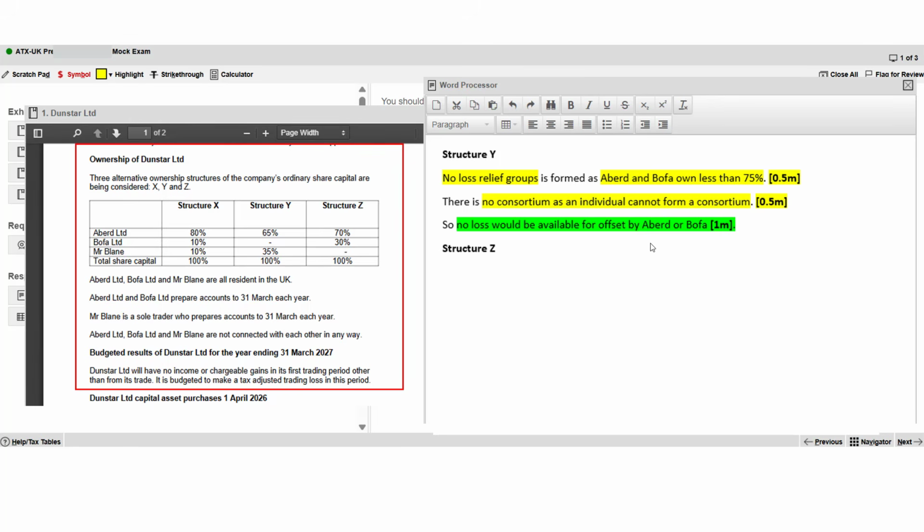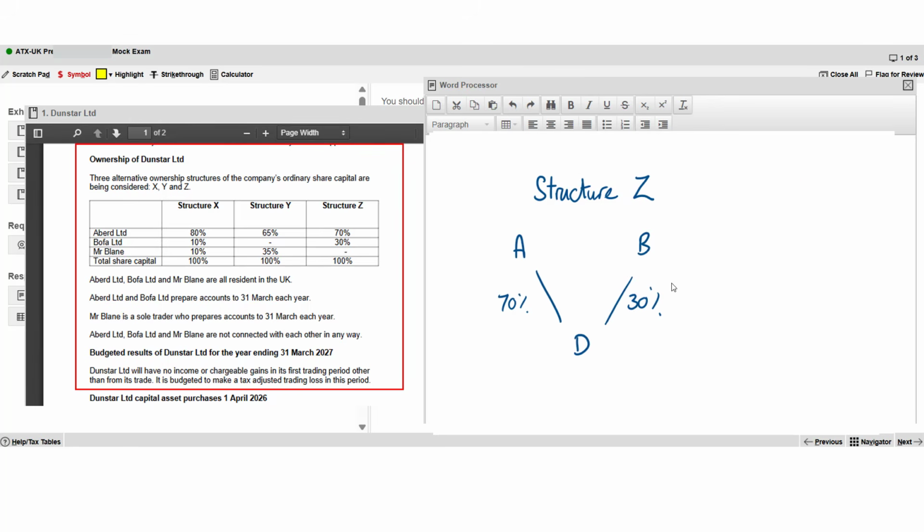Structure Z. Very similar, except this time we have the shares 70% owned by A, 30% by Boffa. And this time, both of our shareholders are companies. So we've got 2 companies jointly holding at least 75%, each with at least 5% of the shares.